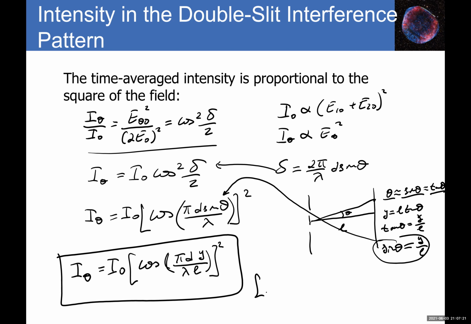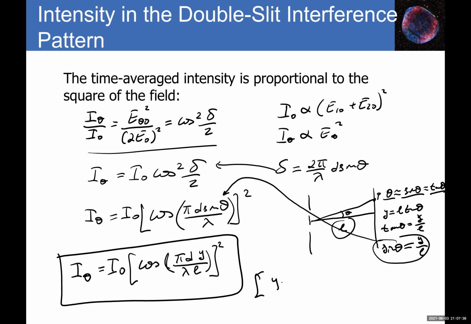I can also say that this holds when the distance from the slits to the screen, this L, is much greater than the position of P on the screen, our particular point of interest.